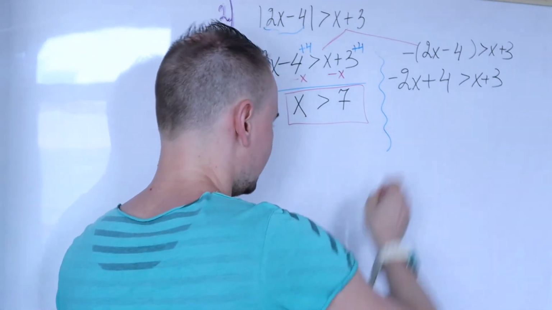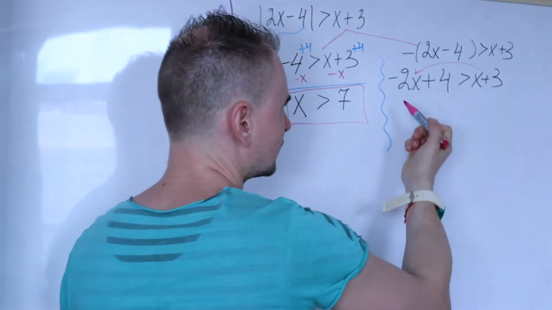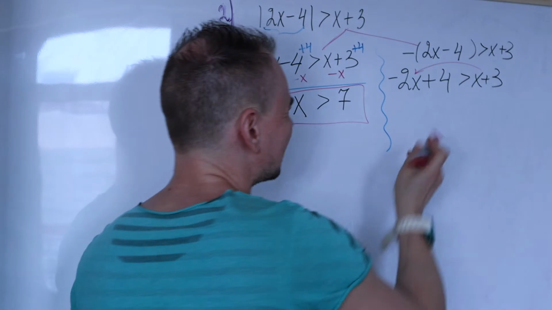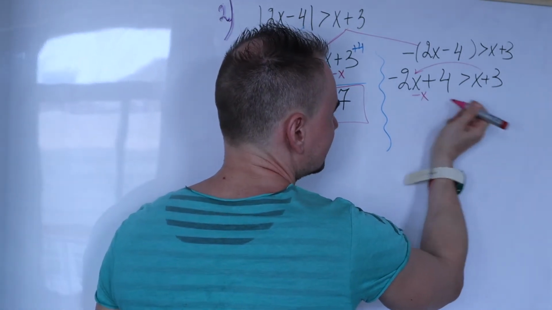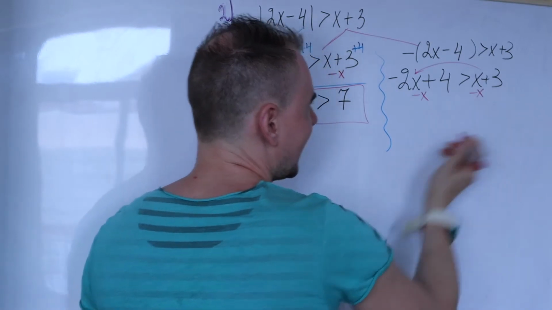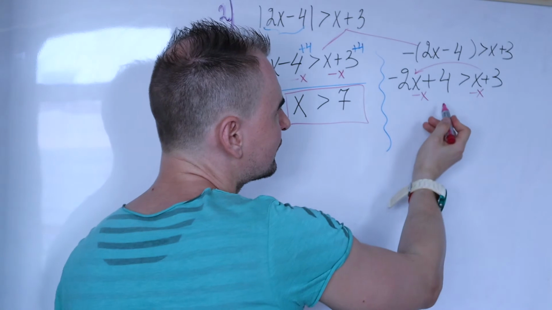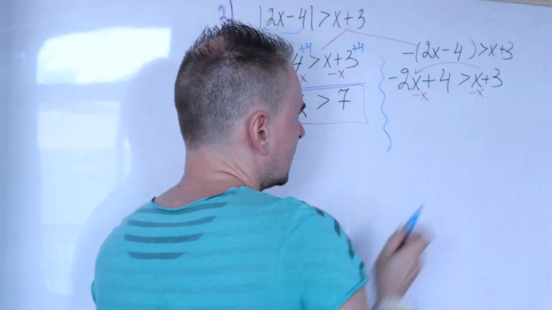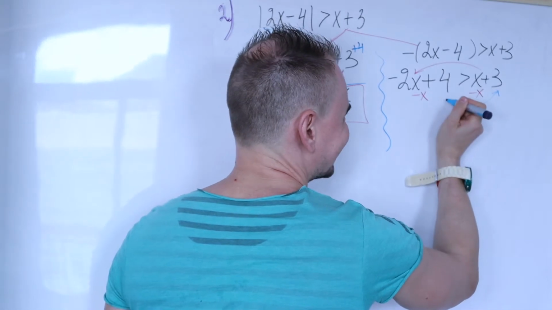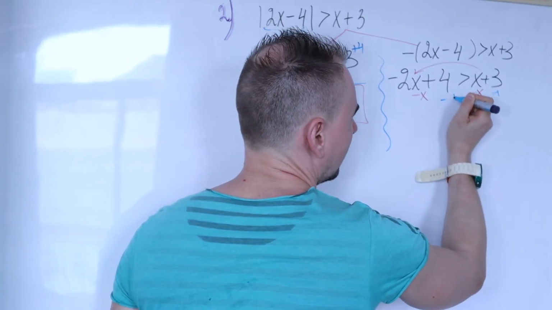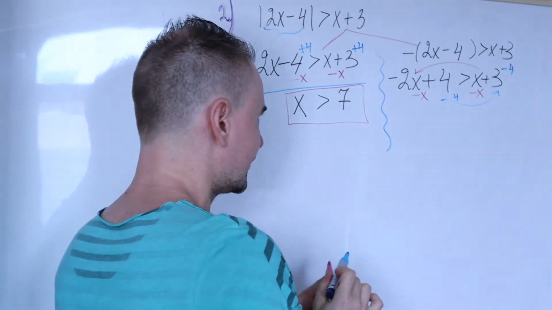I'm going to move this x to the left side by subtracting x from both sides of your inequalities. And at the same time, I'm going to move this 4 to the right side by taking away 4. So minus 4 from both sides.